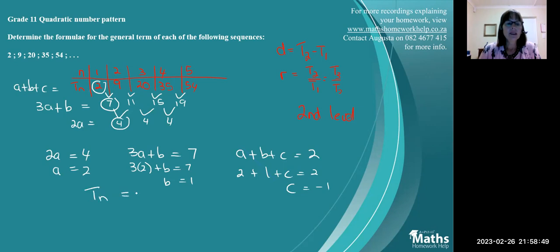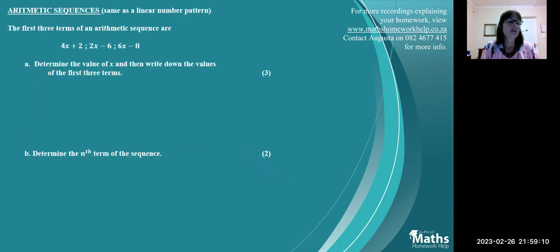Lastly, you sub it into the formula an squared plus bn plus c. It's also a formula of the parabola. Your a value is 2, the b value is 1, you don't have to write the 1, and c is negative 1. So this then is your quadratic formula.